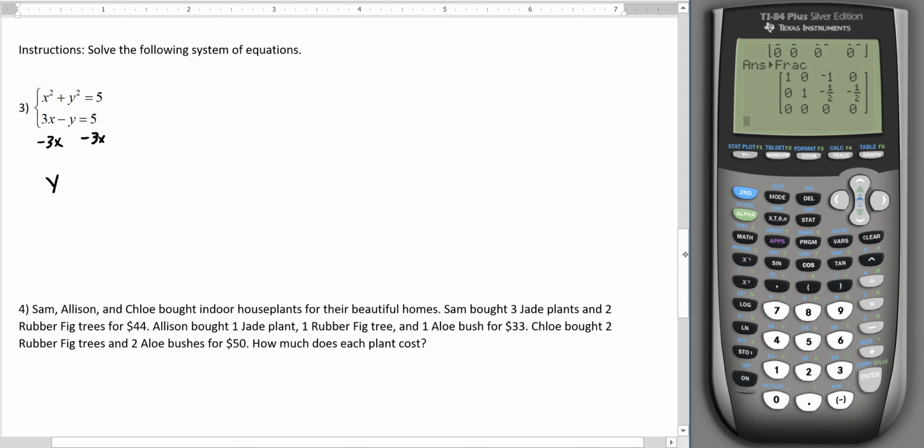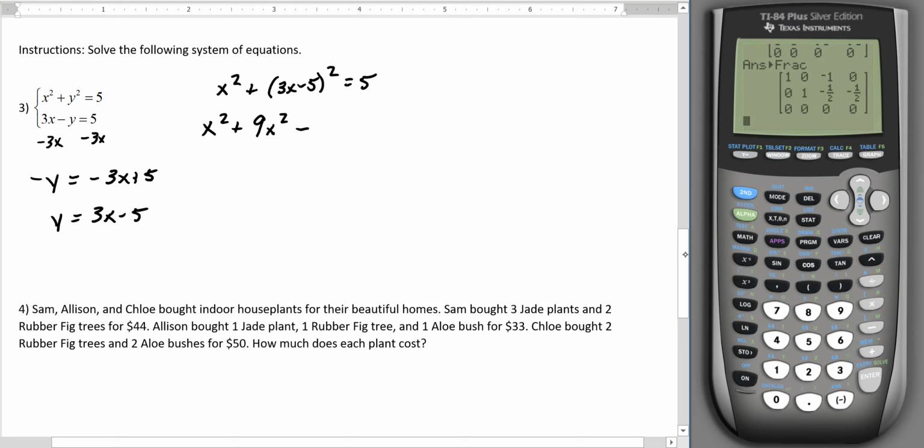So that means that negative y will equal negative 3x plus 5, which means that y will equal 3x minus 5. Now from there, I can plug that into my top equation. So I'll say x squared plus, instead of y squared, I'm going to say (3x minus 5) squared equals 5. So we'll have x squared plus, oh boy, 9x squared.